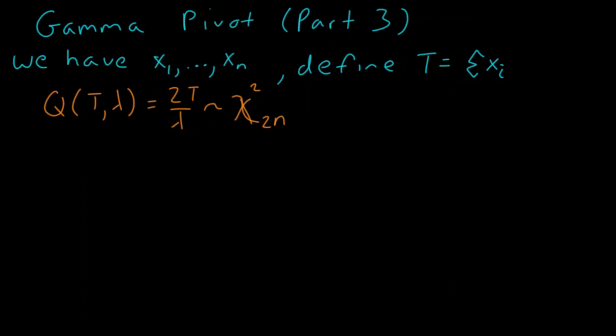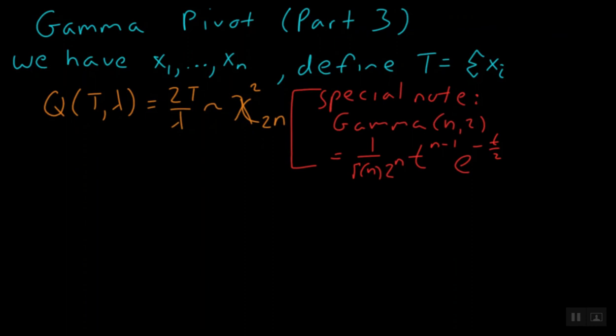We have our pivot quantity T of lambda, which is 2T over lambda, and we also showed that this follows a chi-square distribution with 2n degrees of freedom.